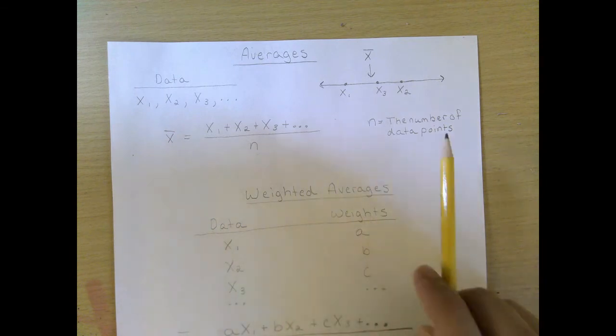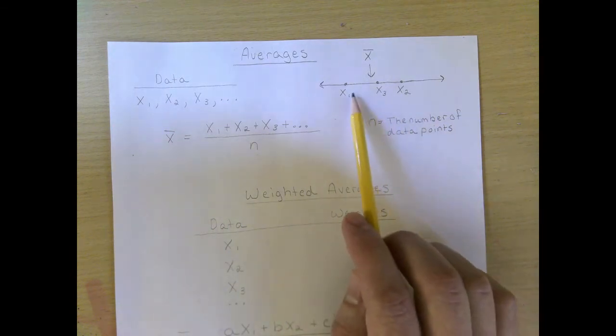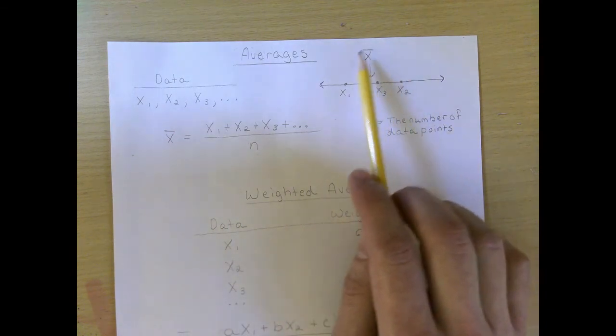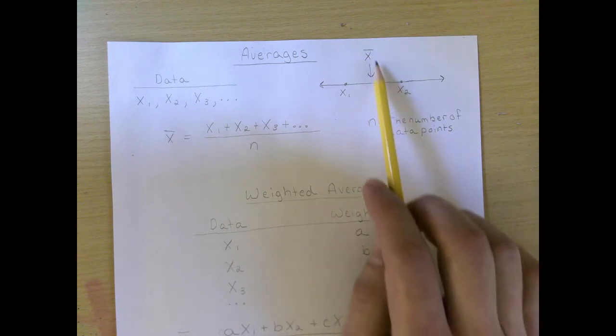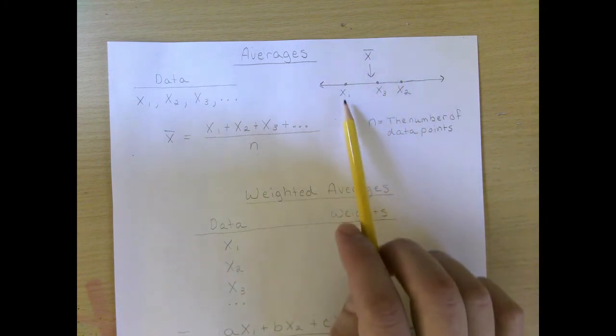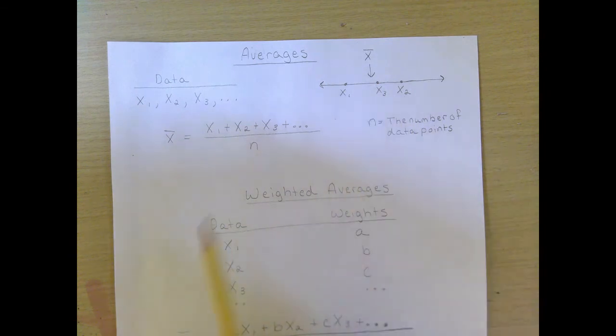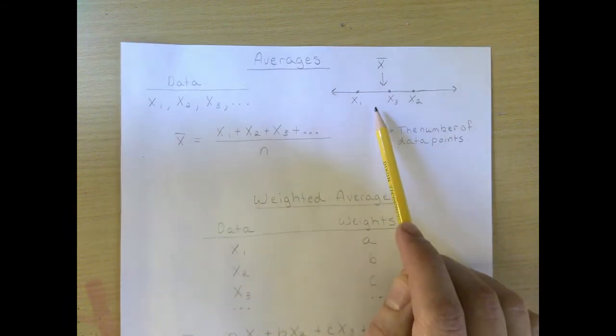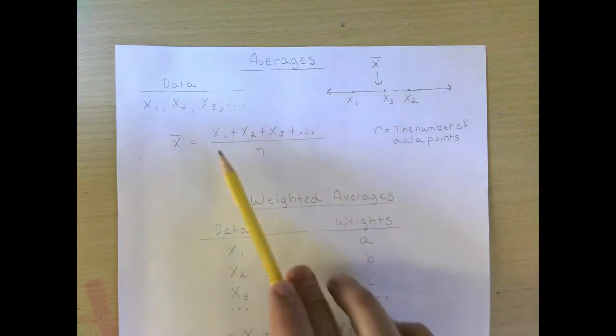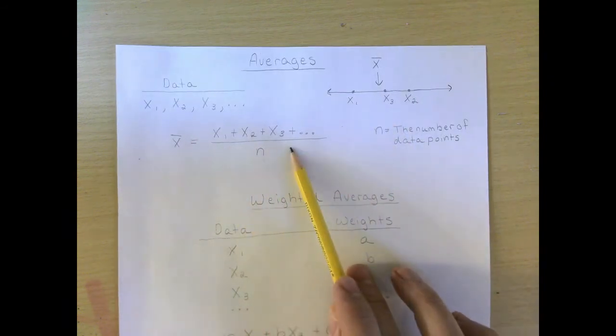If we want to picture this, this average is going to be a value that's roughly in the middle of all of our different points.